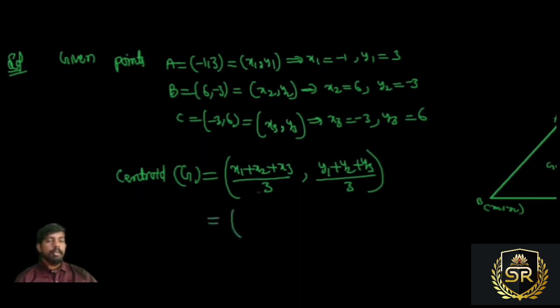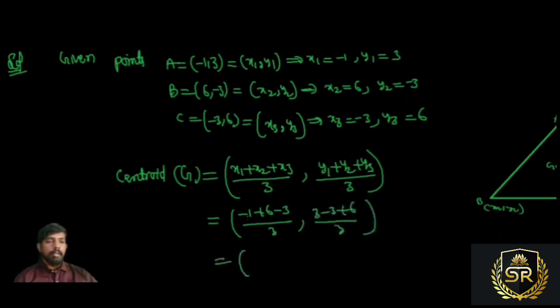So x1 is minus 1 plus 6 plus minus 3 by 3, comma, y1 is 3 minus 3 plus 6 by 3.